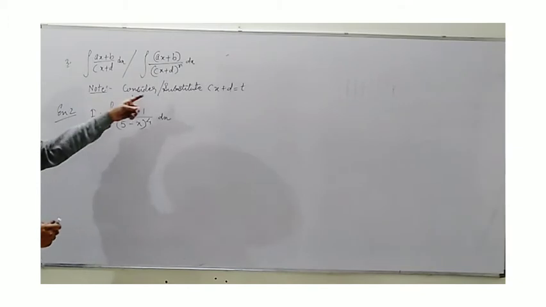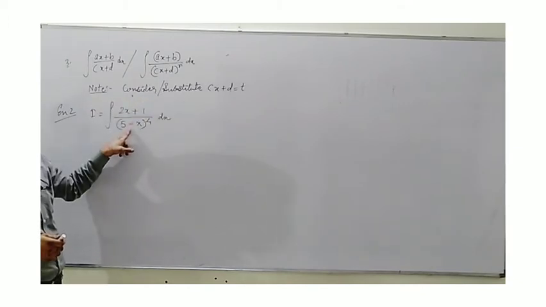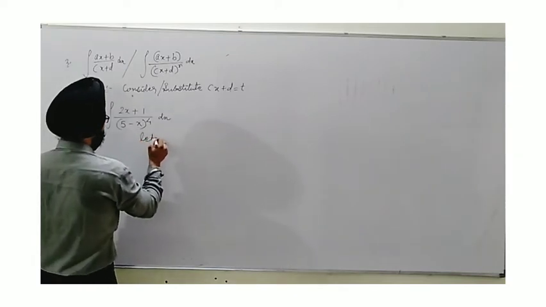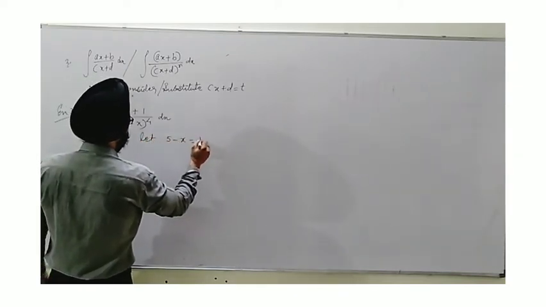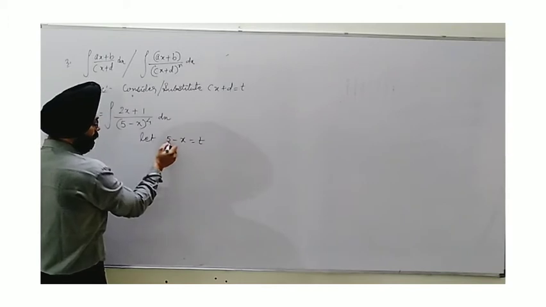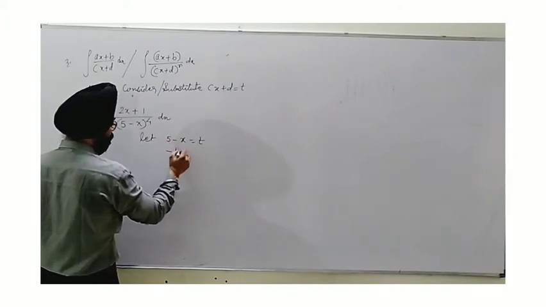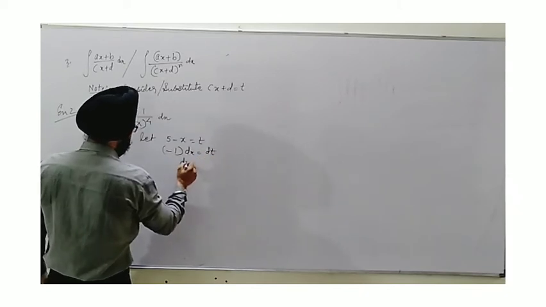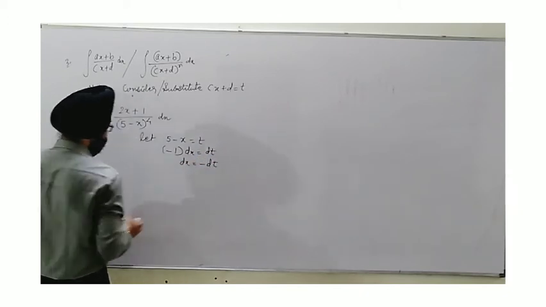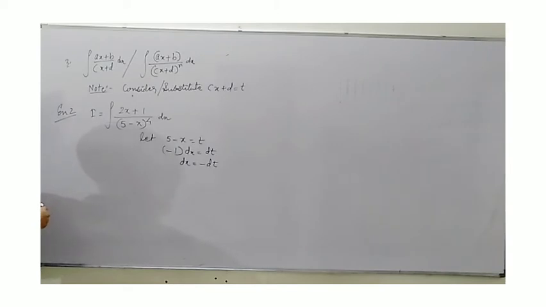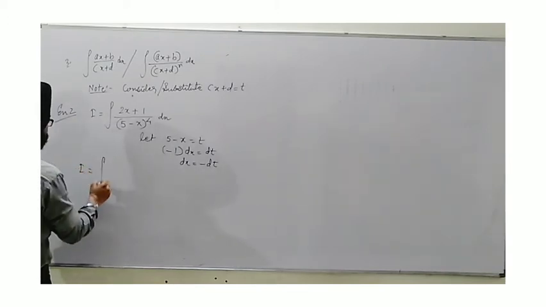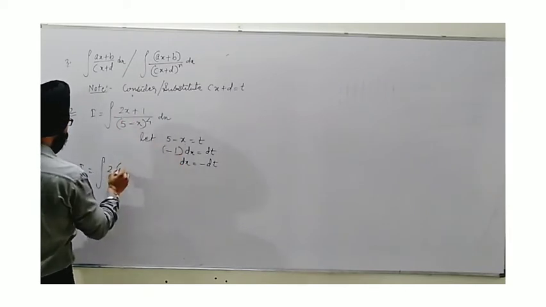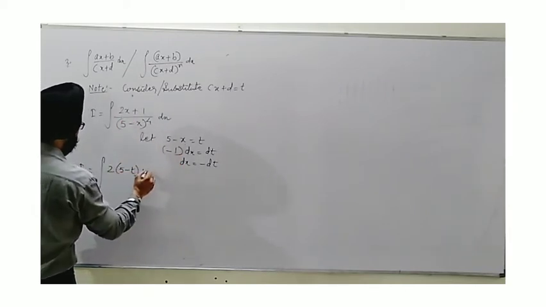The pattern, as I said, is that you consider this denominator polynomial as t. So we substitute 5 minus x by t. Now differentiate: 5 becomes 0, and this becomes minus 1 dx equal to dt. So we can say dx has become minus dt. Now with the help of these relations, in place of x we get 5 minus t, so the numerator becomes 2 times 5 minus t plus 1.